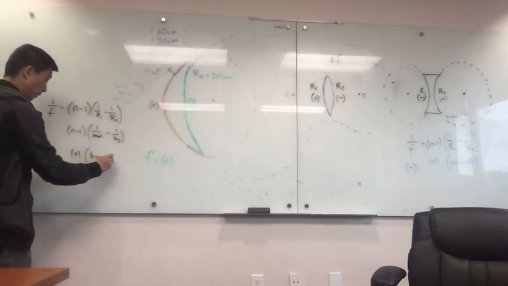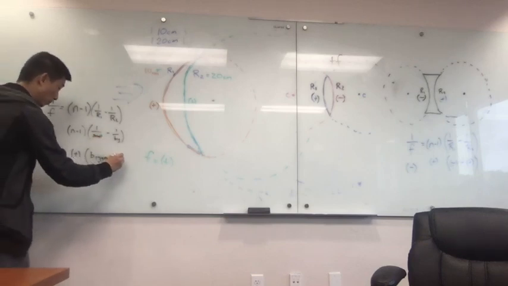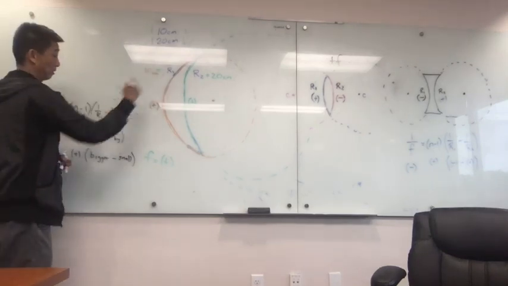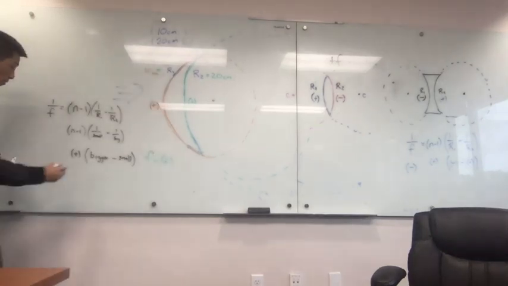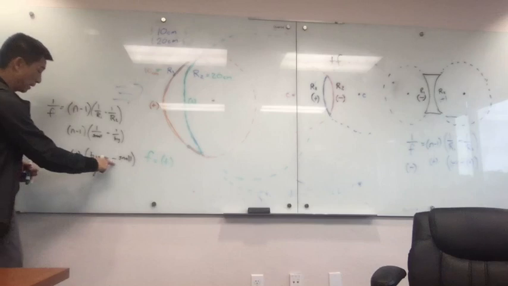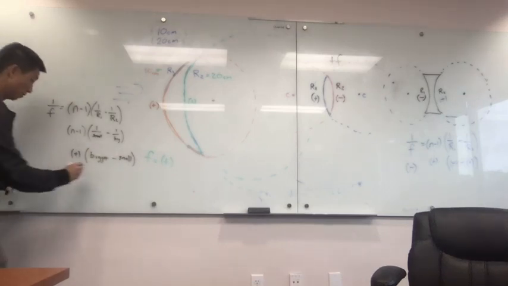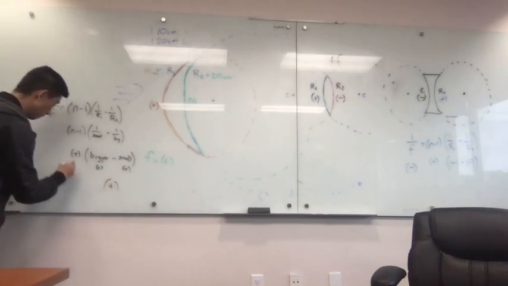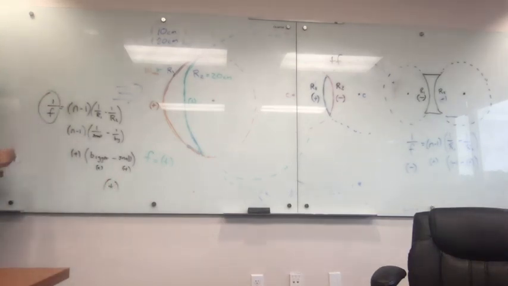And 1 over a bigger number is a smaller number. And they're both positive, because we said they're both positive radii of curvature. So a big positive number minus a small positive number still gives you a positive number. Positive times positive, and we get a positive focal length.